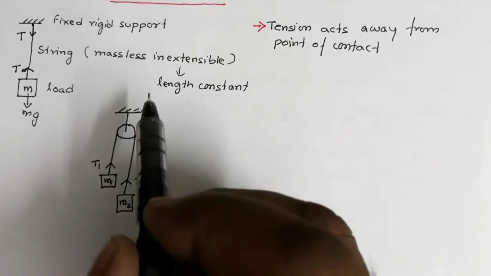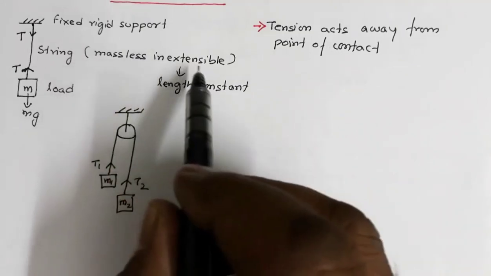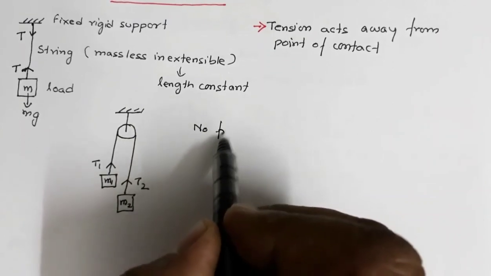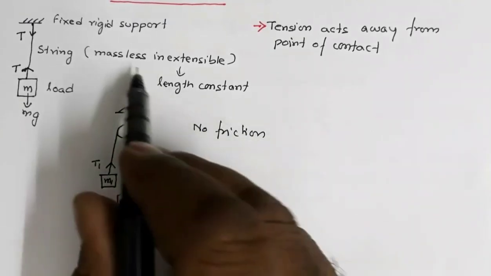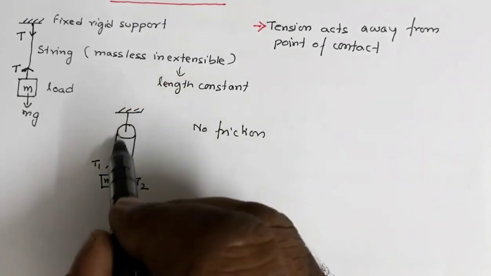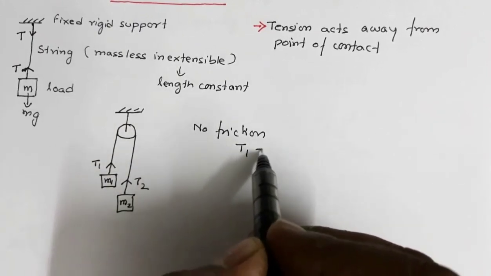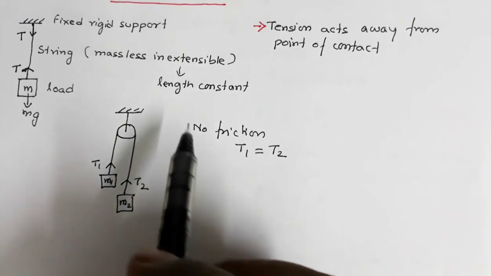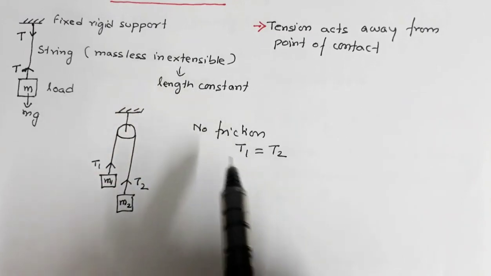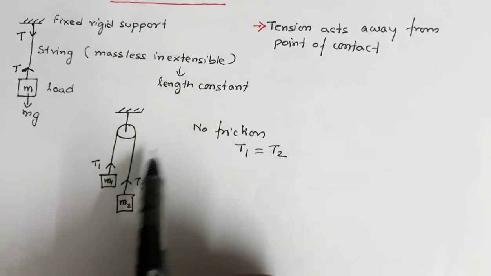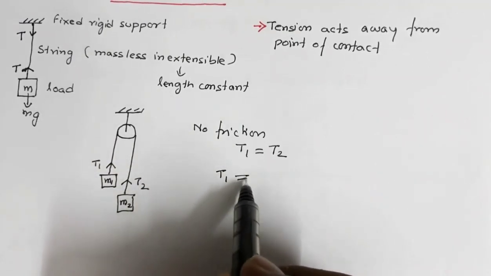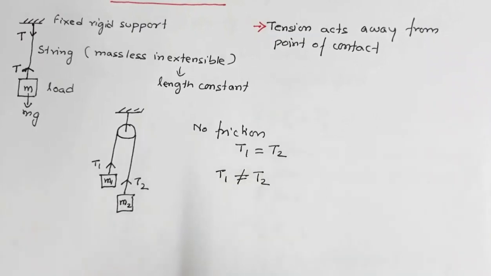Now if the string is massless, inextensible, and there is no friction, in that case T1 is equal to T2. If any one condition is not satisfied, if the string has mass or there is friction, then T1 will not be equal to T2.